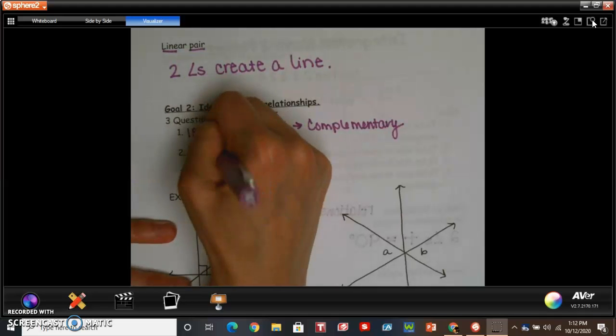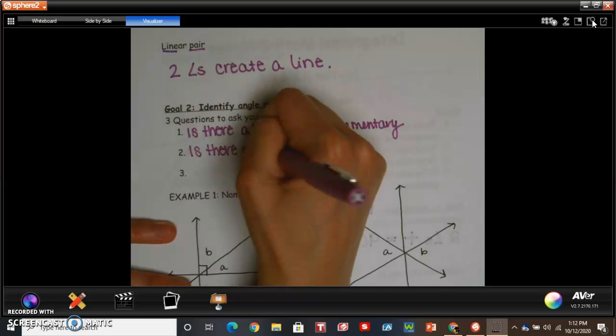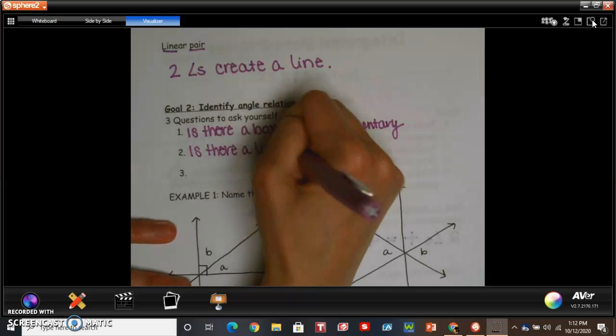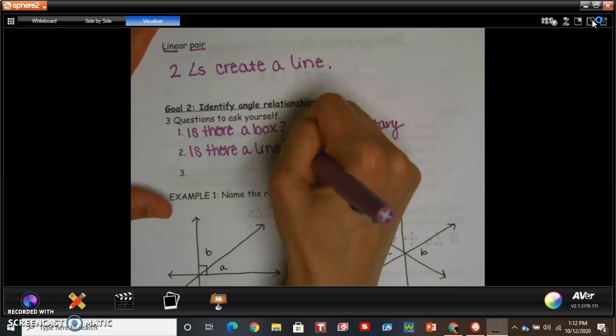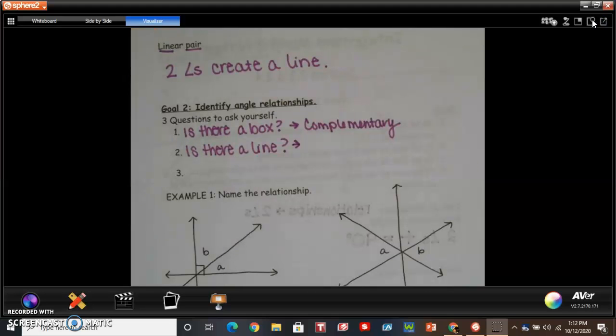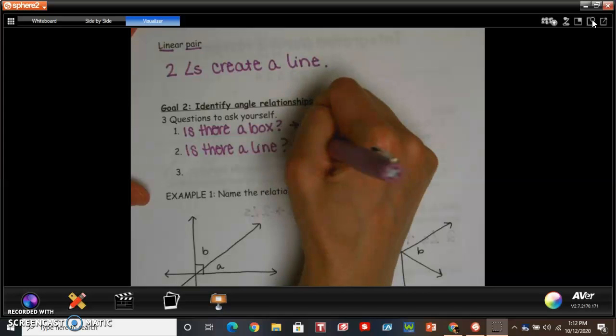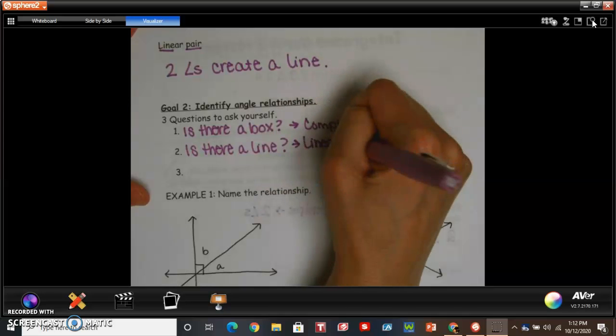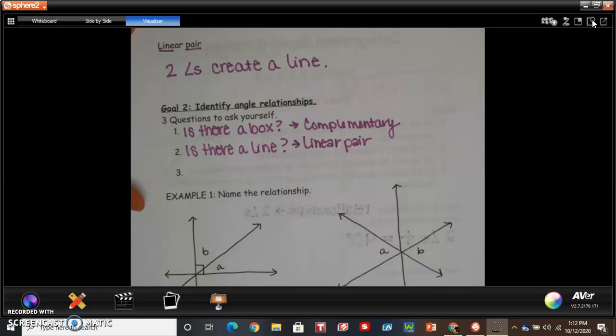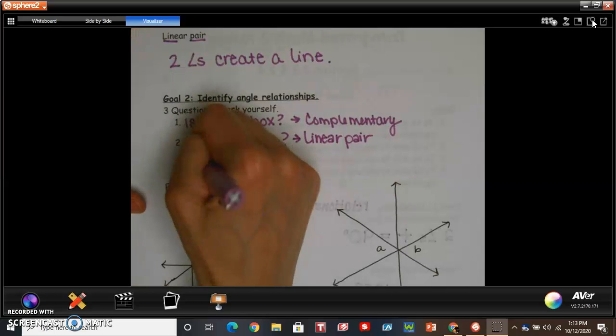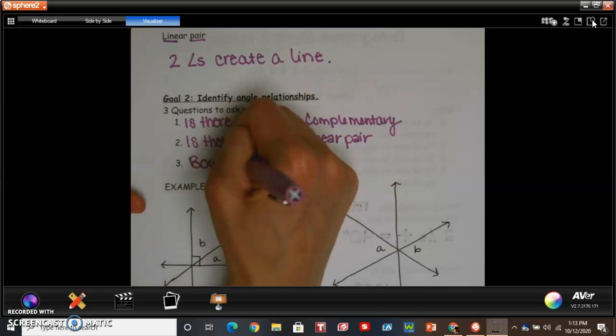Is there a line? If it's a line, I know some of you are thinking supplementary because the line is 180. That is very true, but supplementary deals with the addition of angles. Whenever there's a line, it's considered a linear pair. And the last question you want to ask yourself is, is it a bow tie?